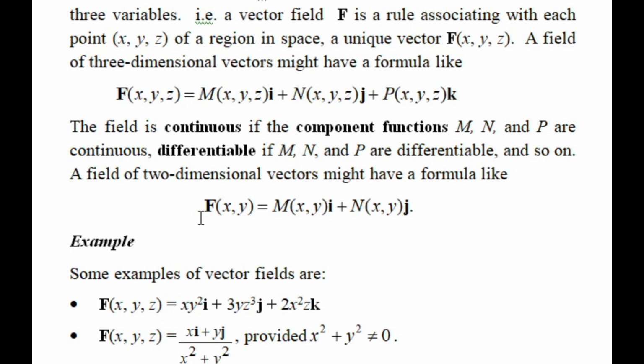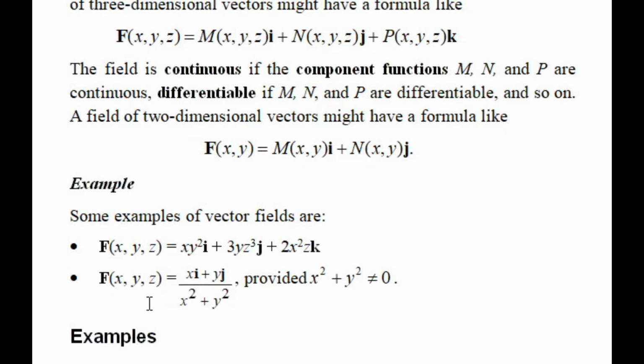In place of m of xyz, here we have xy square, which is a scalar valued function. Similarly, n of xyz, 3yz cube, is again a scalar valued function, and 2x square z is a scalar valued function.